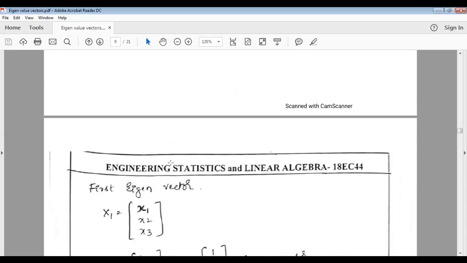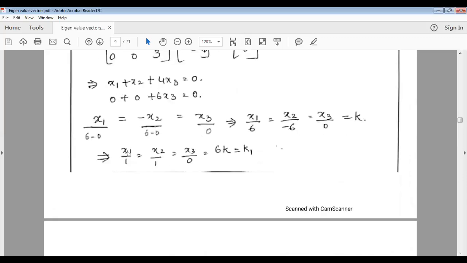If I go back here just to show you, you'll have x1 by 1 here because of this. This should actually be x2 by minus 1. So there's a minus missing here. You have x2 by minus 1 equal to x3 by 0, and I call this equal to 6k as some k1. So x1 becomes plus k1, x2 becomes minus k1, and x3 becomes 0.